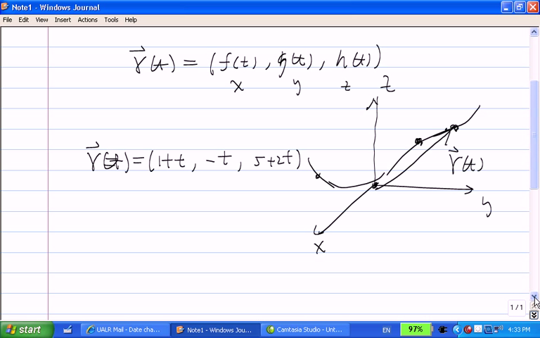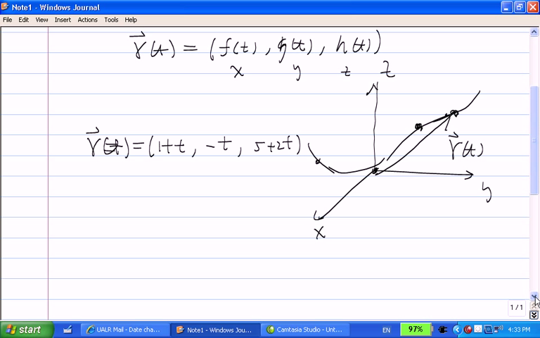Now this is a special vector function. So what's the graph of that? This is x, here's y. x can be found by using the formula 1 plus t. y can be found by minus t. And z, the formula to calculate z is 5 plus 2t.